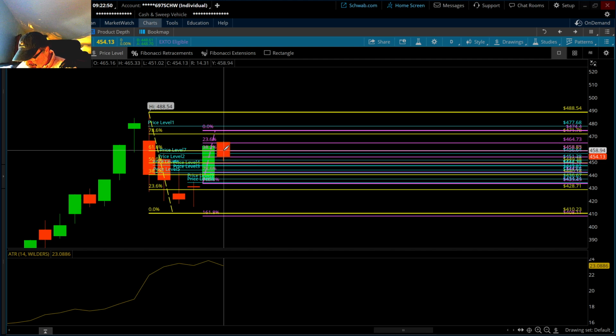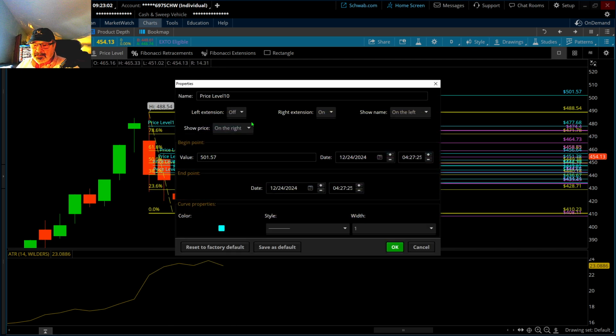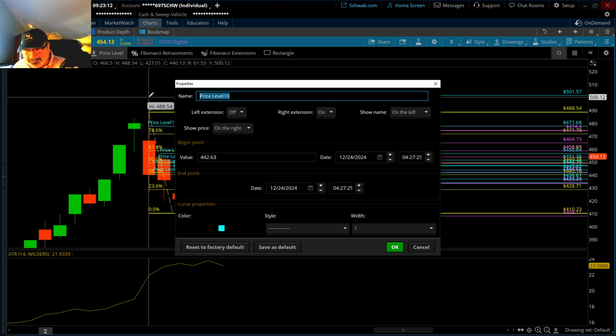So 454. Racing the clock here, guys, because the market's opening in a moment. So we have a 442.63. This will be our ATR low number we're looking at.